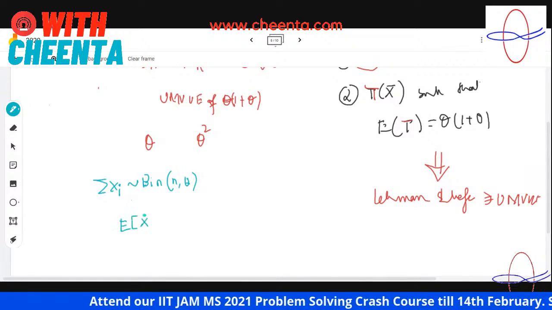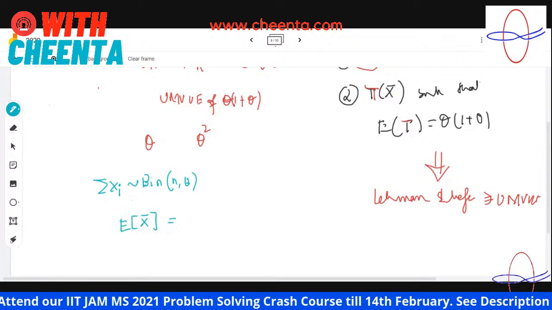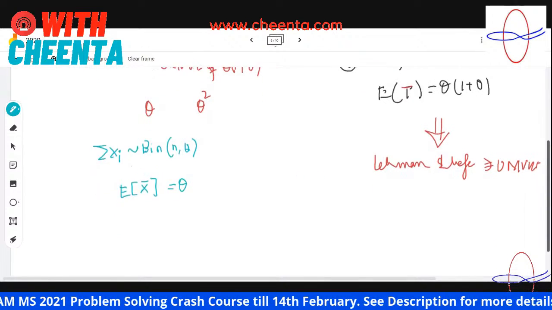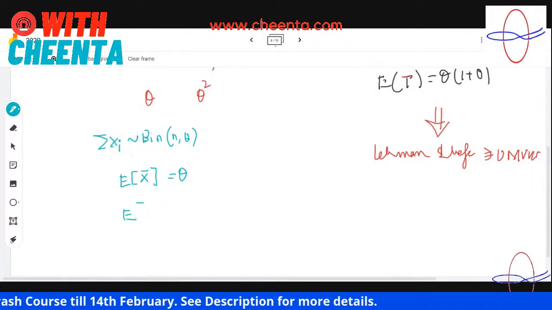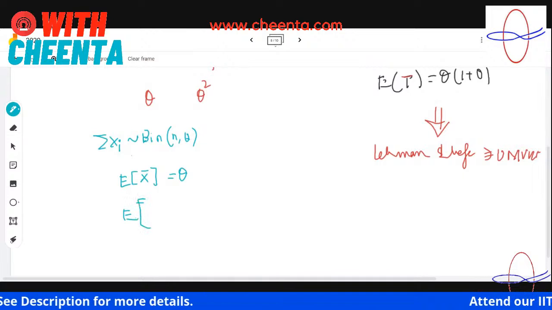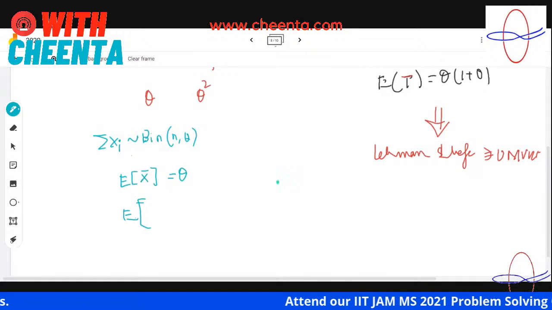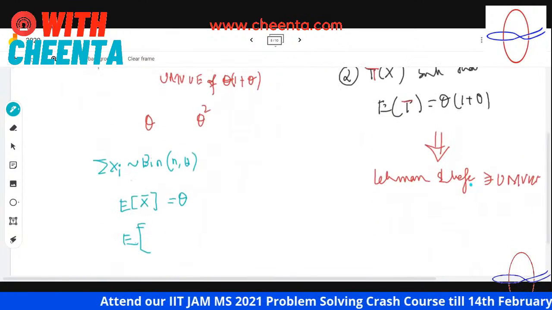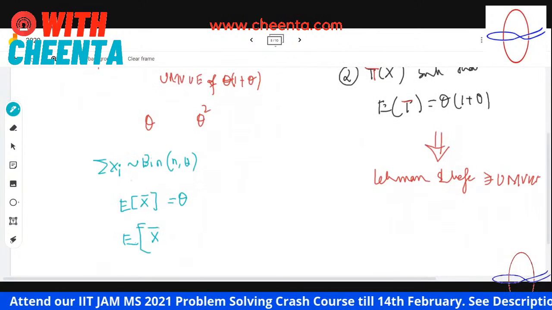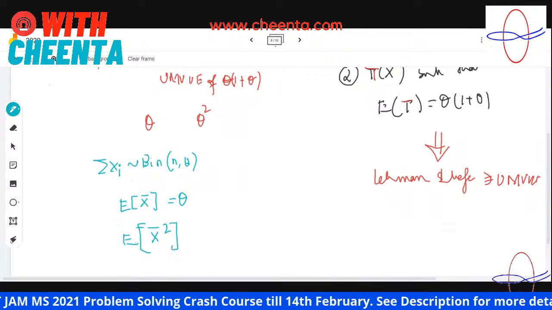How do you find the expectation of X bar square? We need to understand that. Sorry, the expectation of X bar square, what will it be?